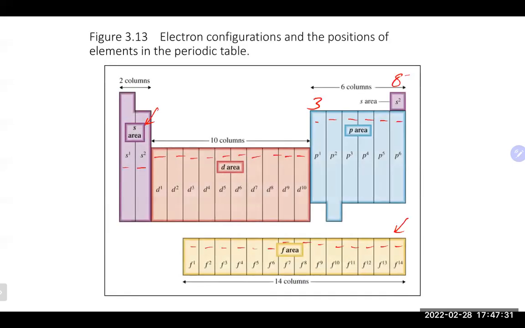There are also period numbers 1, 2, 3, 4, 5, 6, and 7, and we use the period numbers as the principal quantum number, the energy number. So if we were doing sodium, which is right here in this spot, we would start up here.